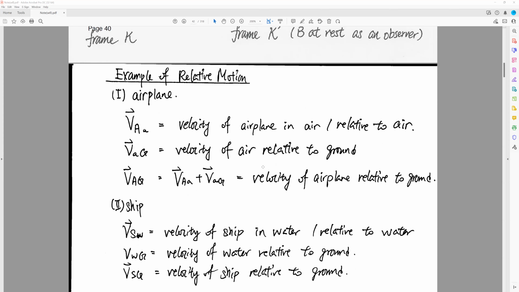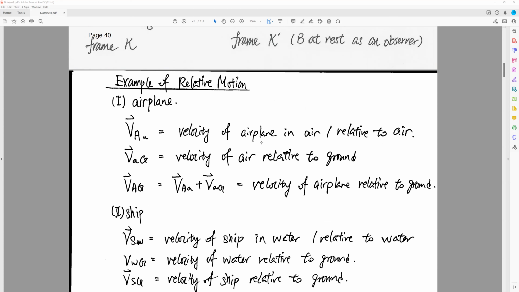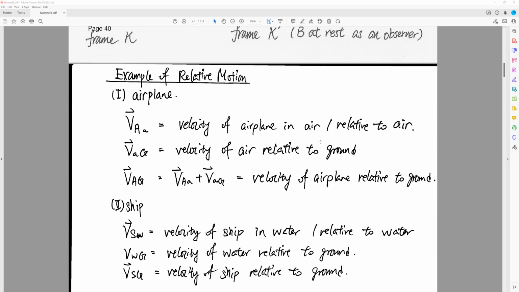So now let's take a look at this one. So this is an airplane. So the velocity of the airplane in the air, or relative to air. So VAG is the velocity of air relative to the ground. And then this value is the velocity of the airplane relative to the ground.